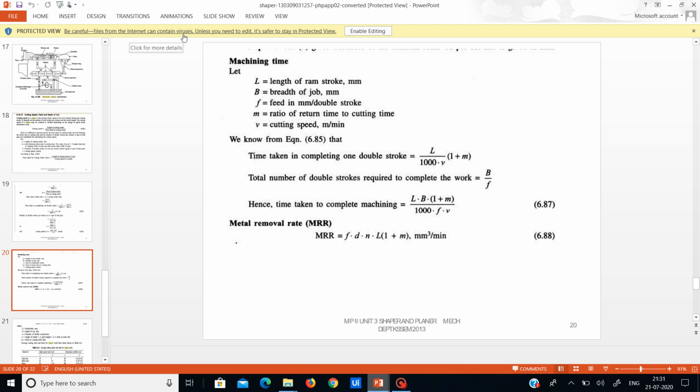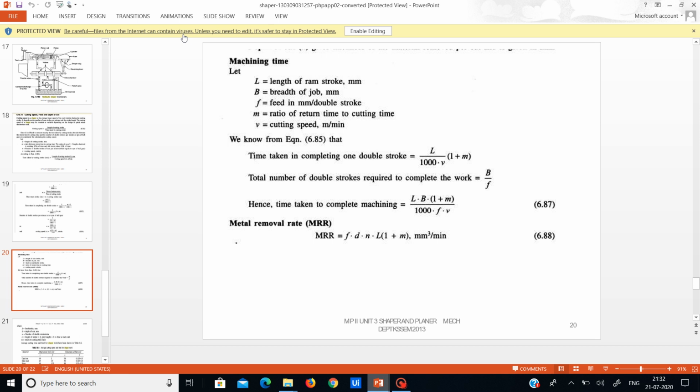Okay, now the total time of the double stroke and return time. How much time is it? B by F. The total time taken to complete one double stroke is L by 1000 into V into 1 plus M. The total number of double strokes required to complete the work is B by F, that is the breadth of the job by feed in mm.